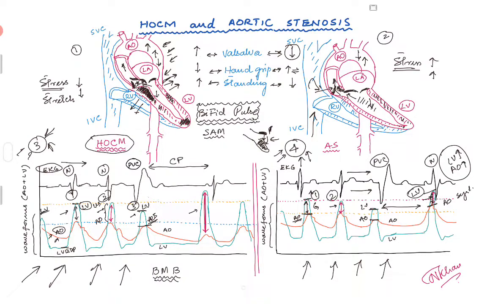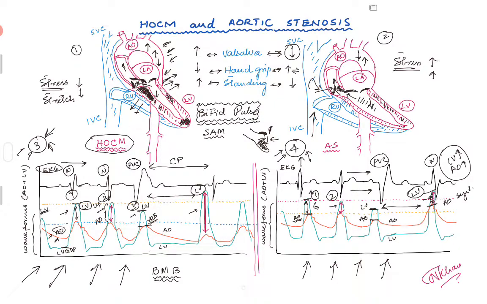Now what's interesting is we have this compensatory pause. After this compensatory pause, you will have more filling of the left ventricle, and this time the LV will contract more.